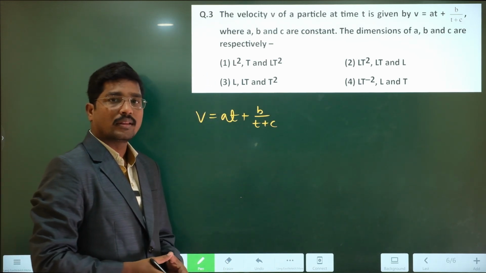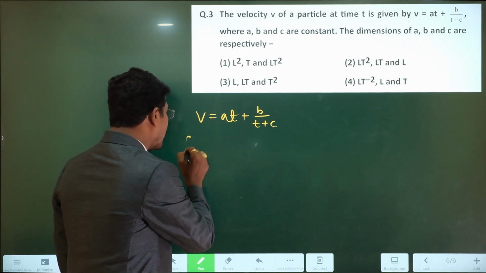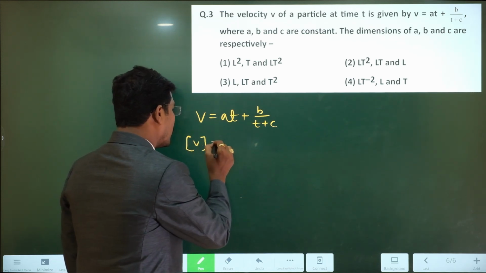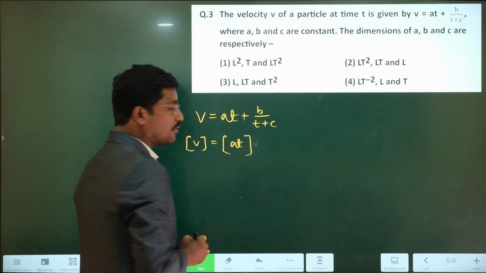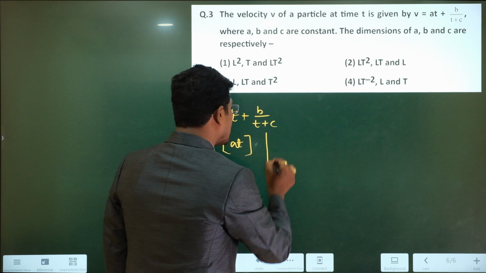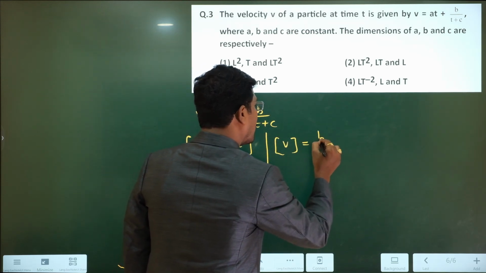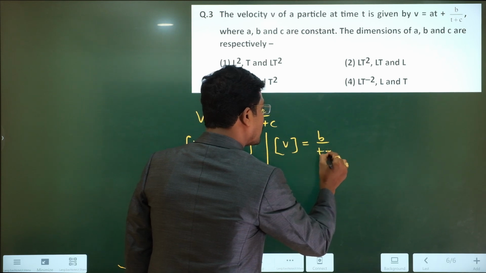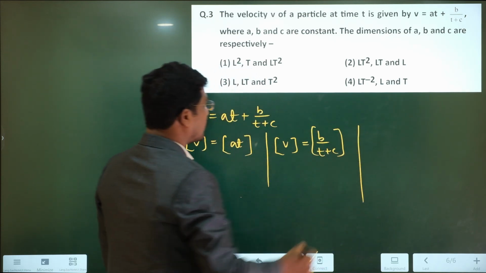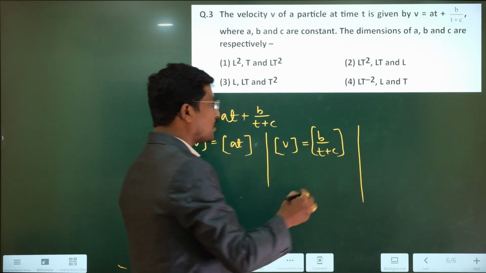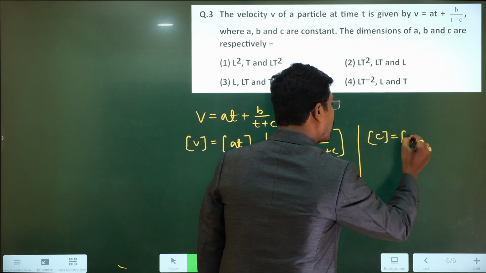According to the principle of homogeneity, the dimensions of v is equal to the dimensions of at as well as the dimensions of b by t plus c, as well as the dimensions of c is equal to the dimensions of t.